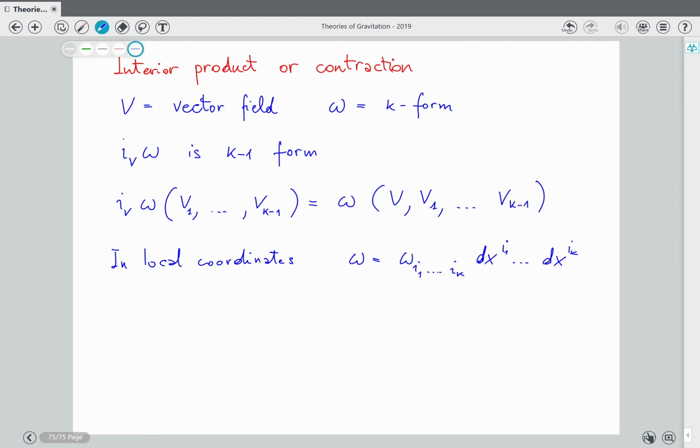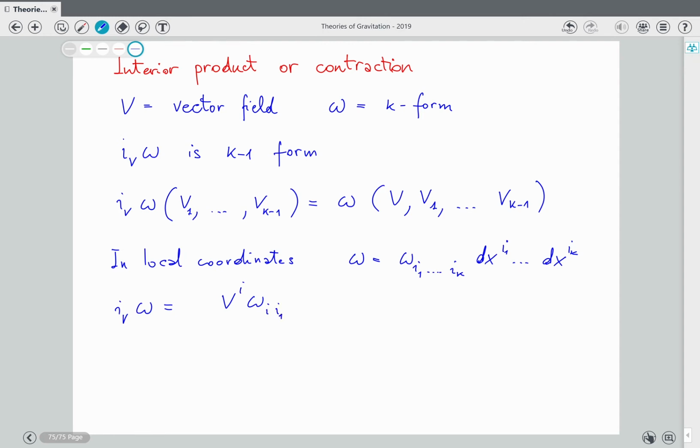Then i_V omega is obtained by contracting V^i with the first index.